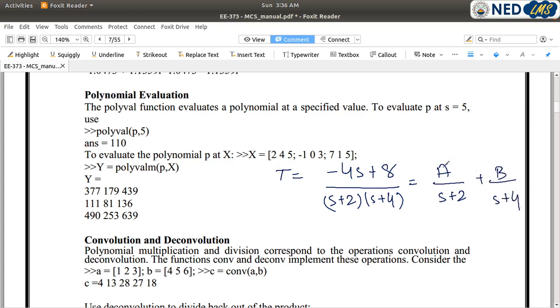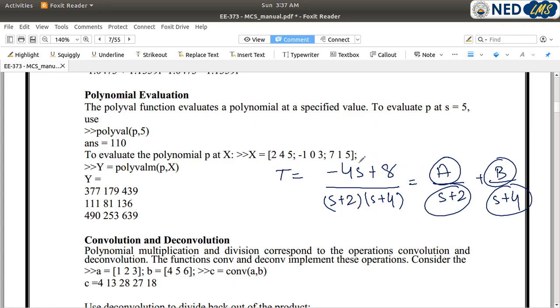So these two values here are represented by vector P, and these two values will be represented by vector R. And the vector K will only appear if we have an improper transfer function. You can consider an example to see how it works.